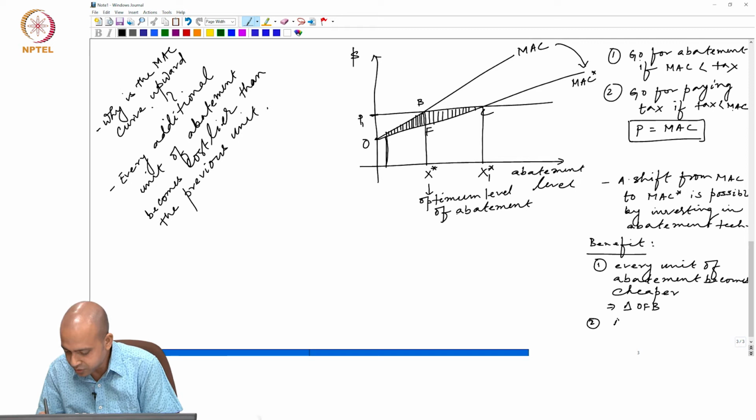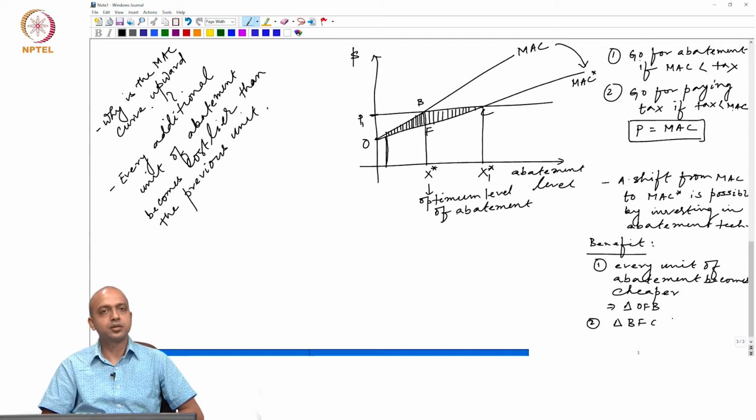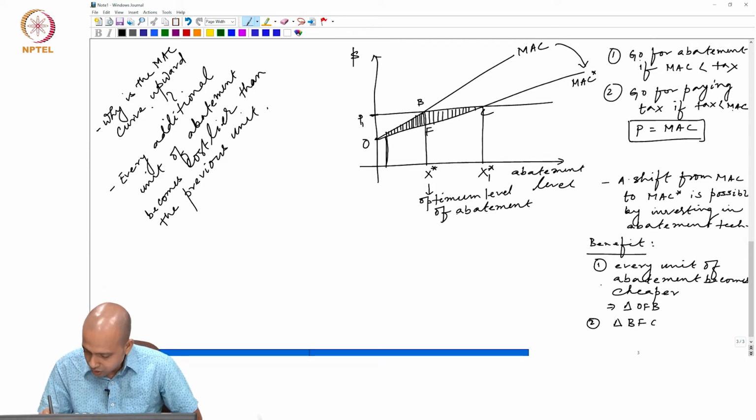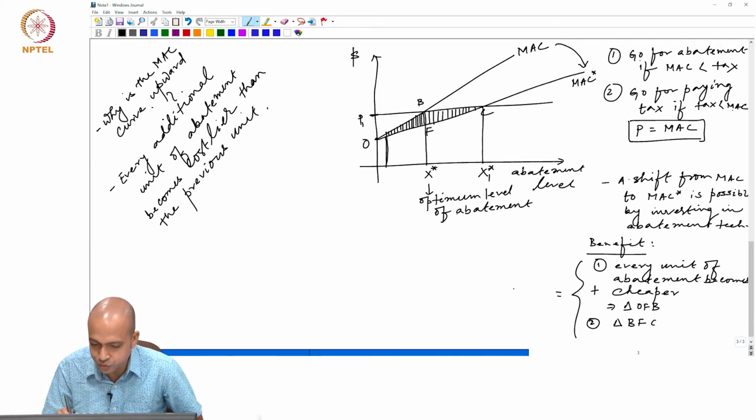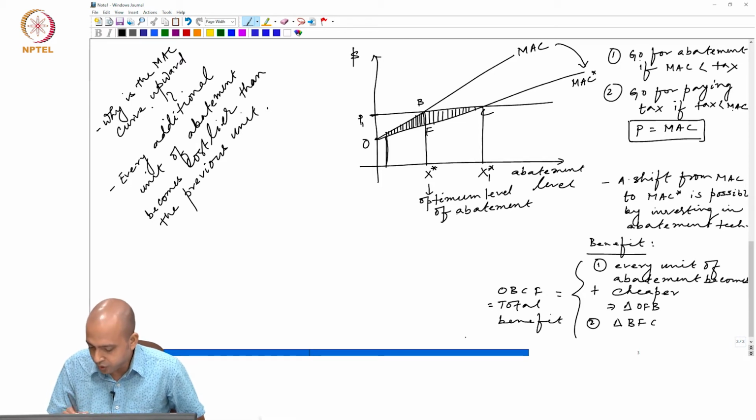So, this is actually the triangle BFC. Right. So, this plus this, if you add, equals OBCF. OBCF is the total benefit of the investment.